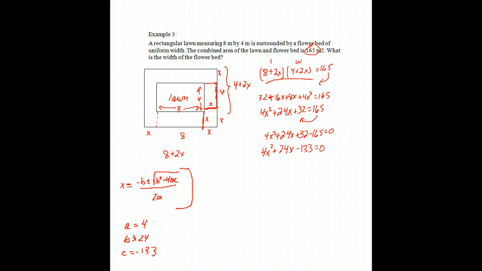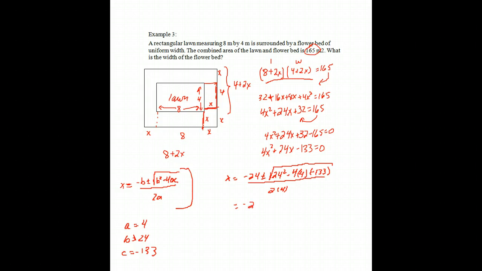So now we're going to put our numbers in. So x equals negative 24 plus or minus the square root of 24 squared, subtract 4 times A times C, all divided by 2A.